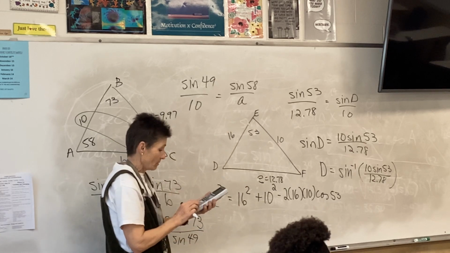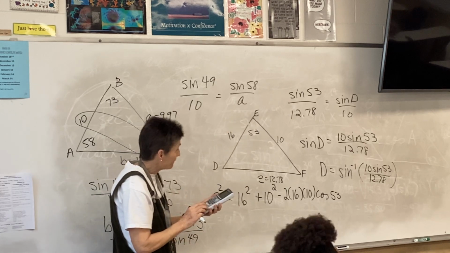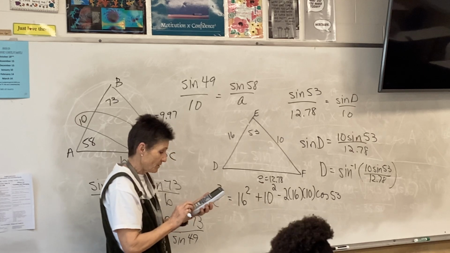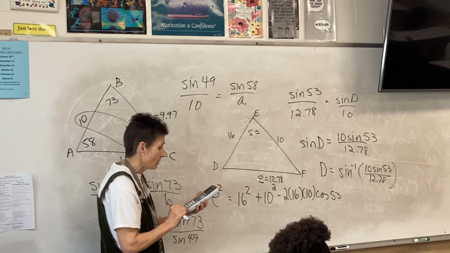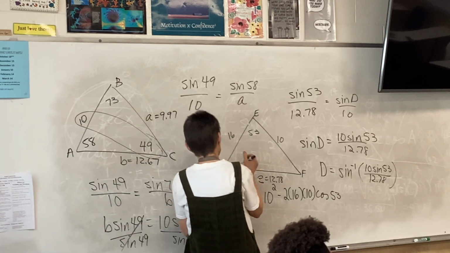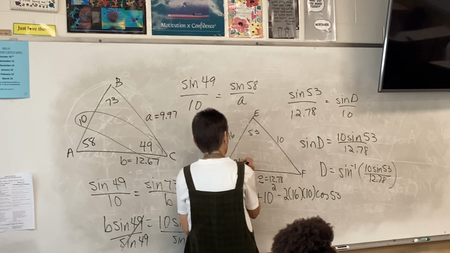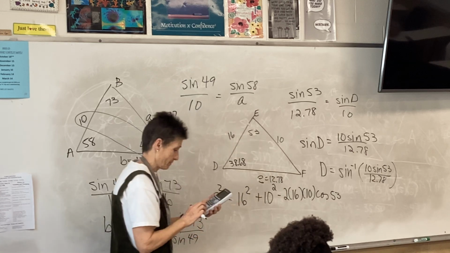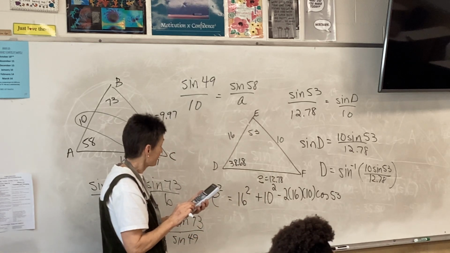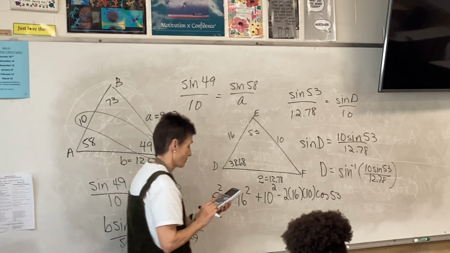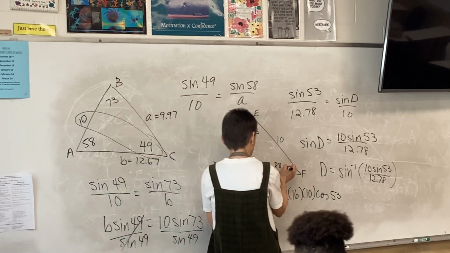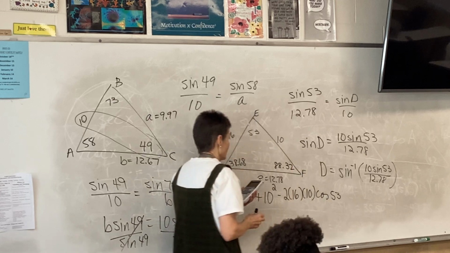So second sine 10 sine 53 close parentheses divided by 12.78 equals, I got 38.68. And then I got 88.32 for F.